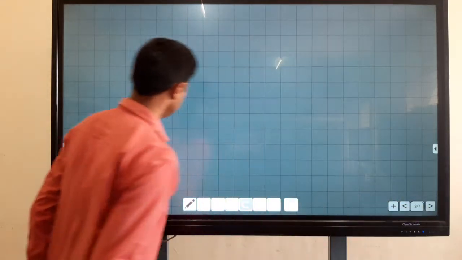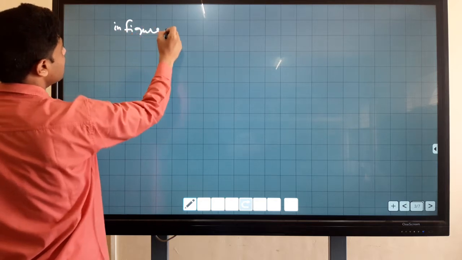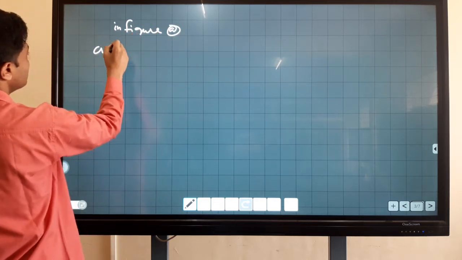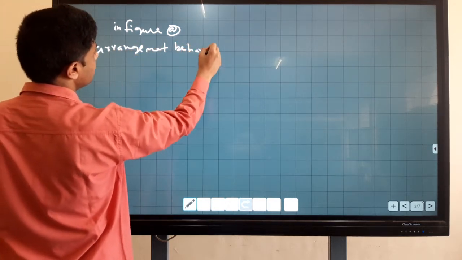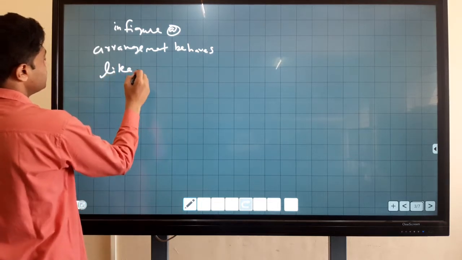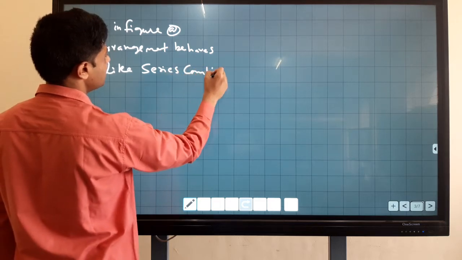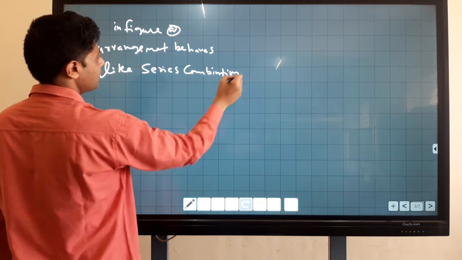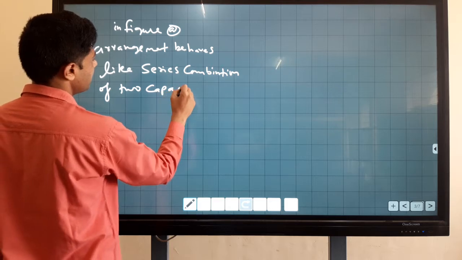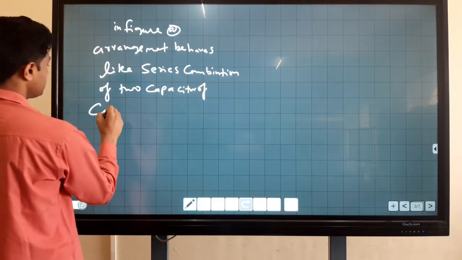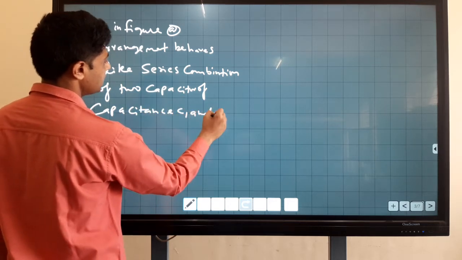In figure A, the arrangement behaves like a series combination of two capacitors of capacitance C1 and C2.